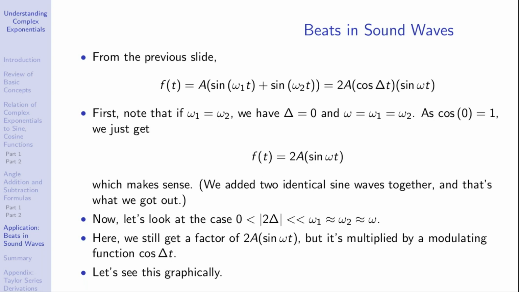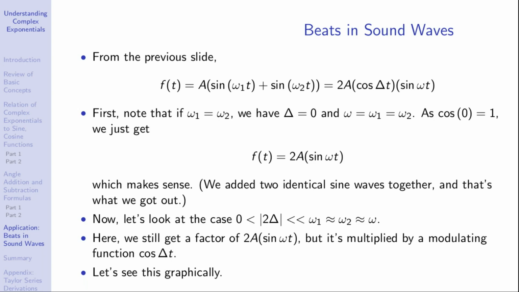First note that if omega 1 equals omega 2, we have delta equals 0 and omega equals omega 1 and omega 2. As the cosine of 0 equals 1, we just get that f of t is equal to 2a times sine omega t. And this makes sense. We added two identical sine waves together, and that's what we got out.